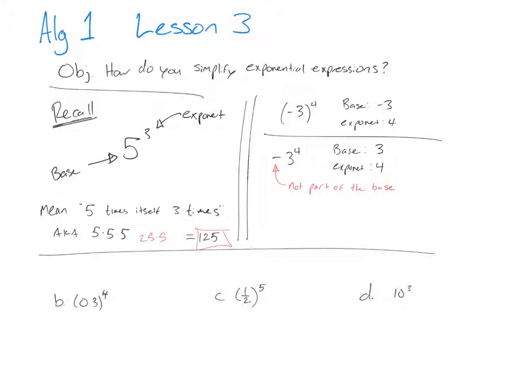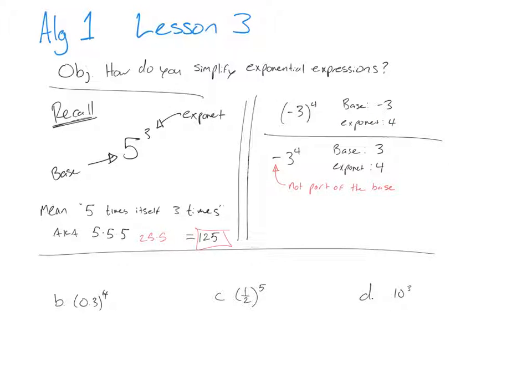Looking a little bit further at what the base looks like. Remember, our base in this case was just 5. Let's look over here on the right. Notice this one here, our base is actually -3, and the exponent in this case is 4.